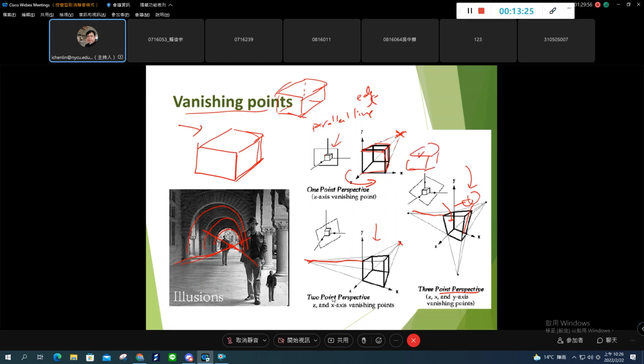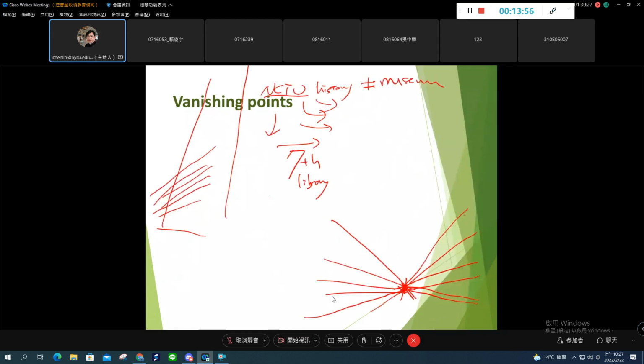For instance, these two are parallel, and this one is parallel, and even the upward lines are still parallel. So based on those parallel lines, we can find three vanishing points. There are a lot of painting tricks, such as 3-point, 2-point, and 1-point perspective, that mainly try to mimic the real world situation.